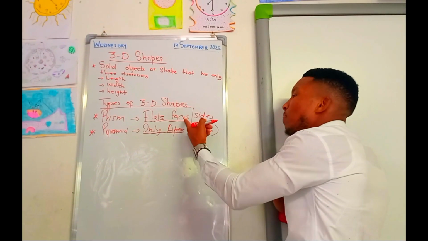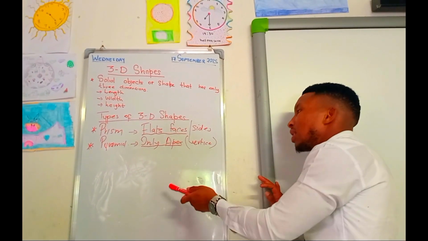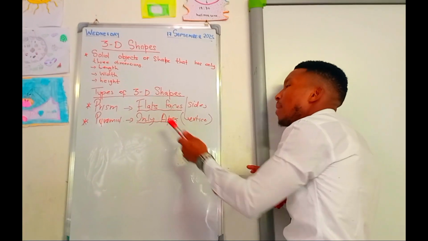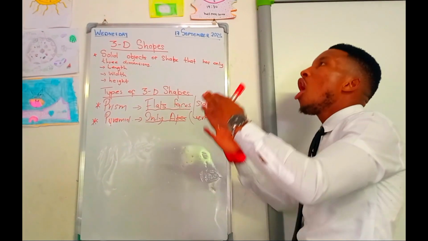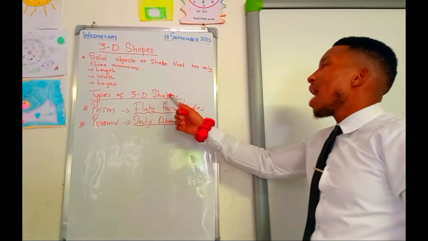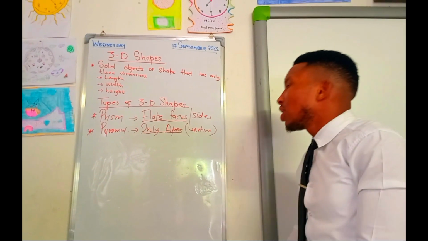Therefore, the difference between the prism and the pyramid is that a prism contains only flat faces, and the pyramid contains only one apex or sharp vertex. All right. Therefore, these 2 are the solid objects that fall under a 3D shape.